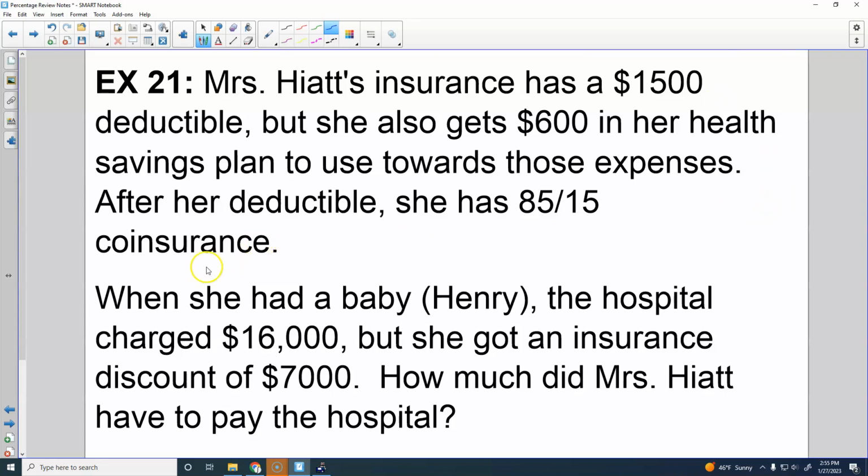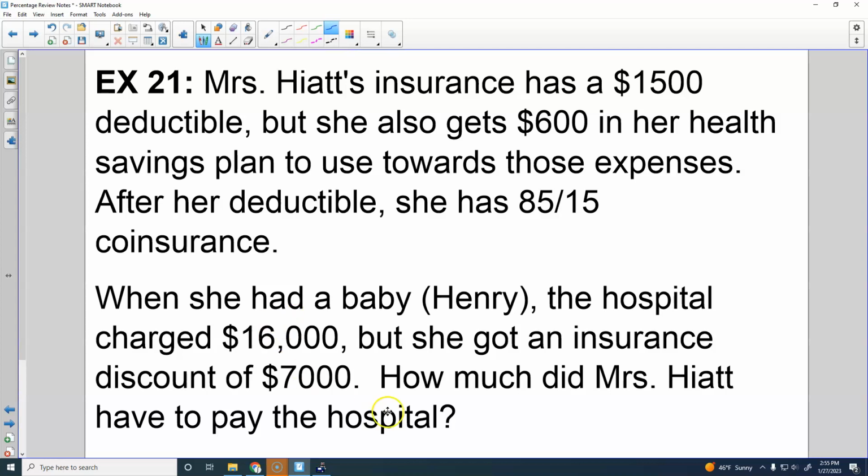So when Miss Hyatt had a baby, Henry, the hospital charged $16,000. But I got an insurance discount of $7,000, because they'll charge a certain amount, then insurance will negotiate it down.